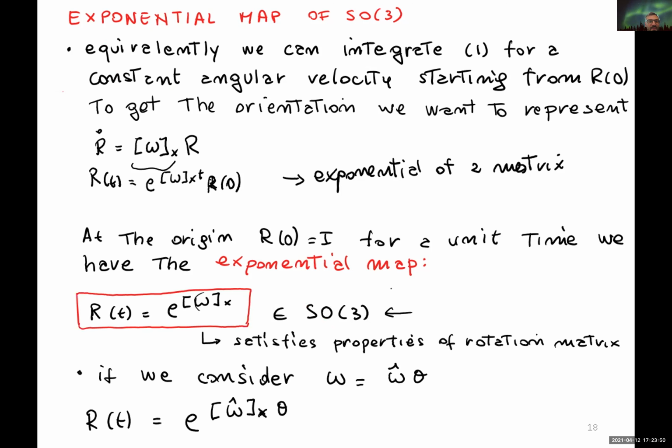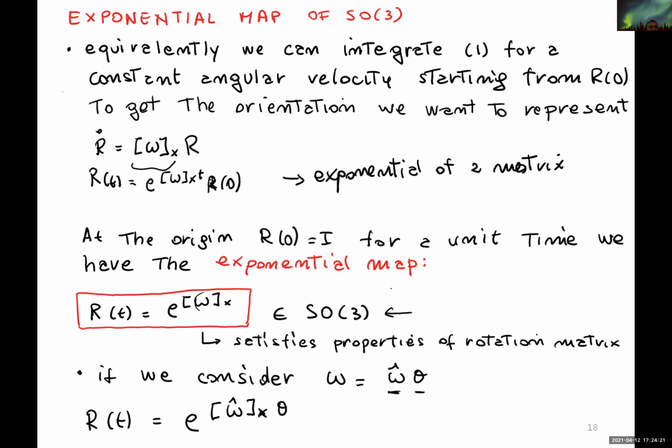And in this case, if we consider this angular velocity, you know that it has not necessarily a unit norm, but could have whatever magnitude. And we split it in its unit norm part and a scalar that represents its magnitude. We see that we will go back to the previous Rodriguez formula that we said before.